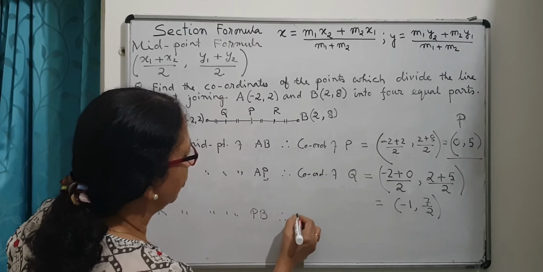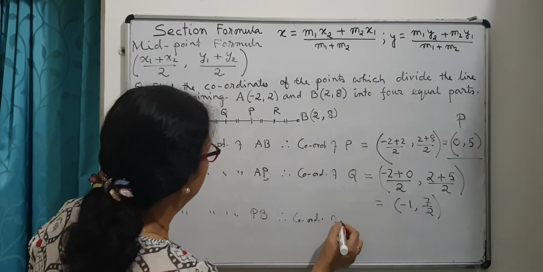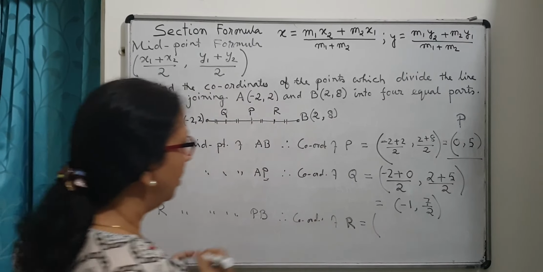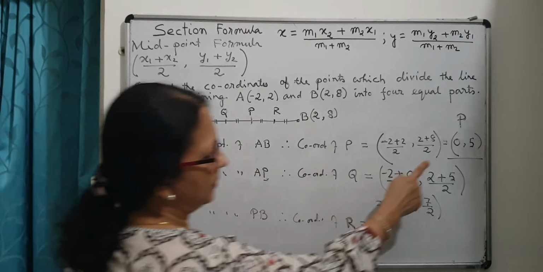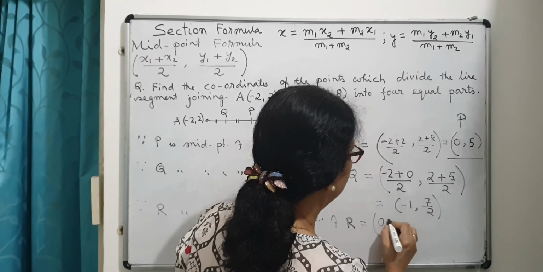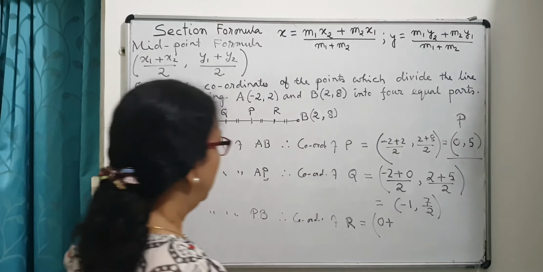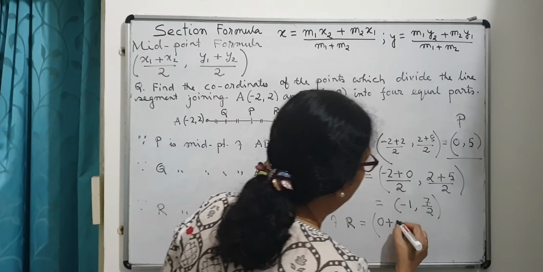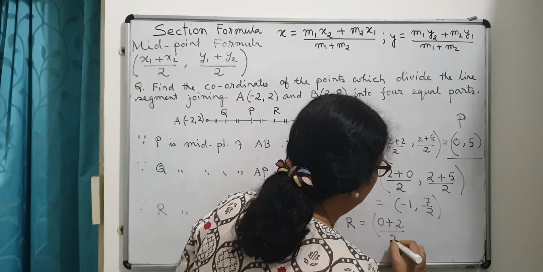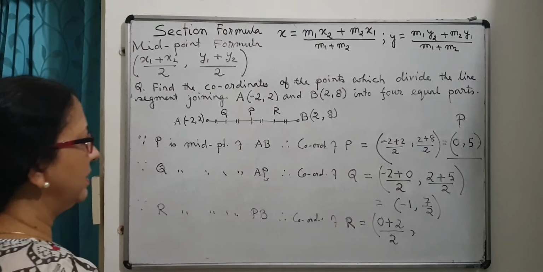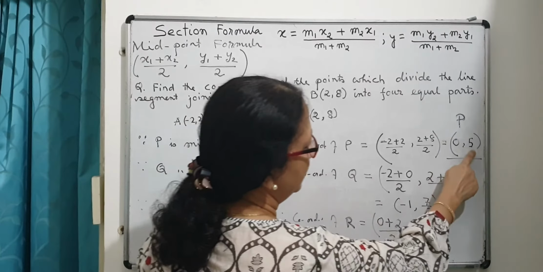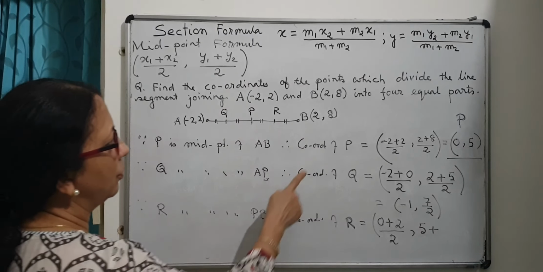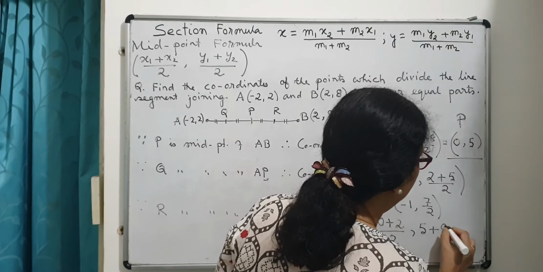Therefore, the coordinates of R will be, by the midpoint formula, x1 is the abscissa of P, which is 0, plus x2, the abscissa of point B, which is 2, by 2, comma, y1 is the ordinate of point P, which is 5, plus y2, the ordinate of point B, which is 8, by 2.